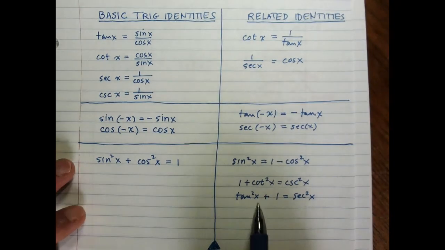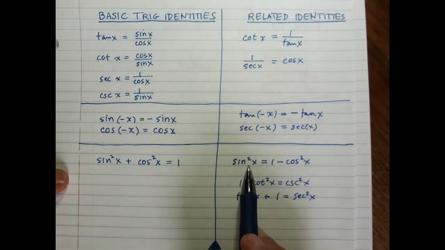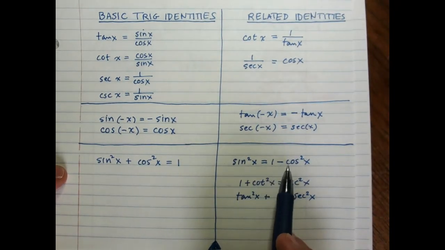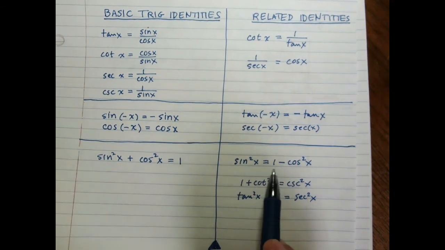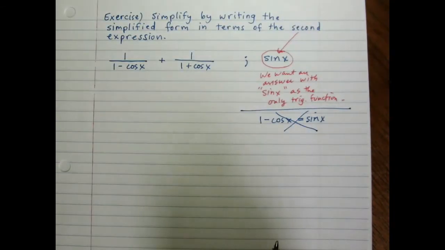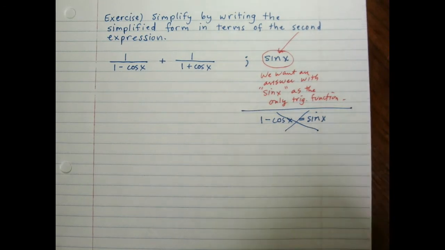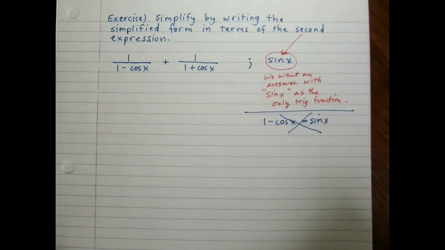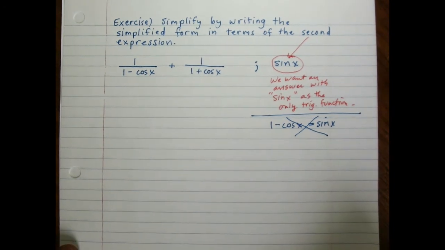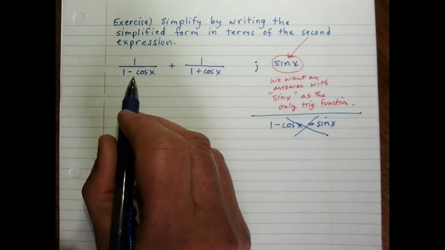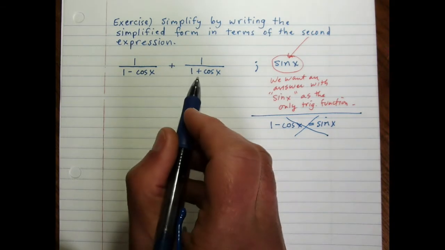There is a relationship between sine squared and 1 minus cosine squared, but the squares are essential there. We can't just take square roots of these terms separately. So we cannot say 1 minus cosine is sine x. That's absolutely not true.